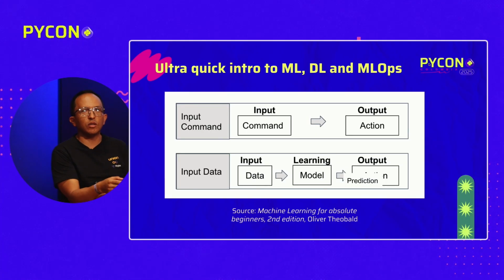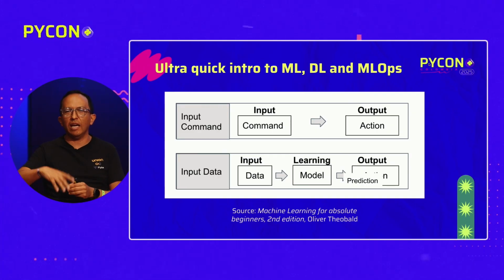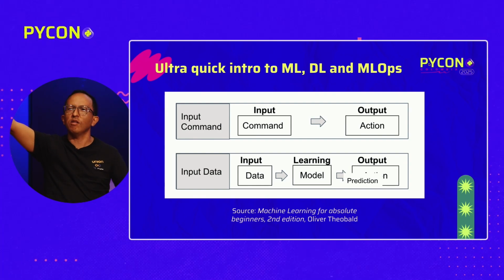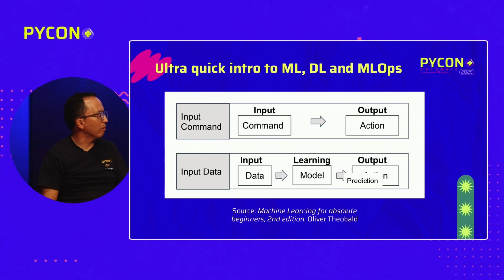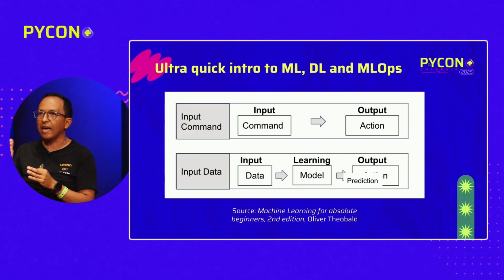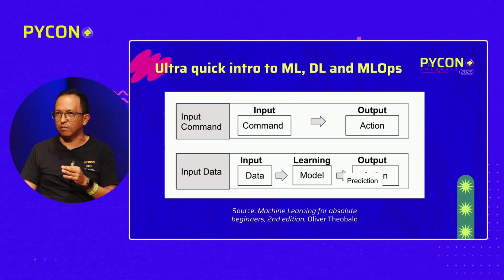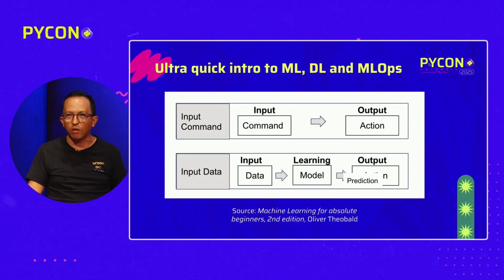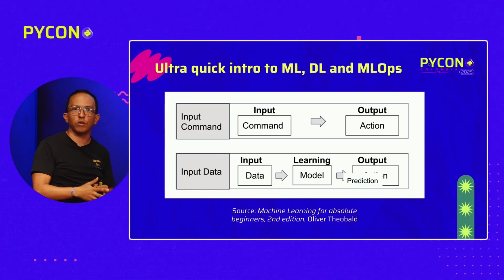I don't know who used a ride-sharing application to get here. InDrive, Uber, anything? I know you have used this in the past, for sure. And one of the key metrics of these services is the ETA, the estimated time of arrival. Your driver is 10 minutes away from your home. That is the main metric for those models.